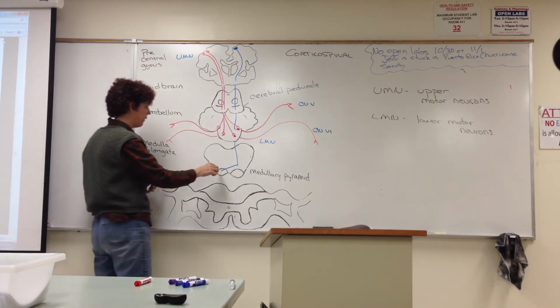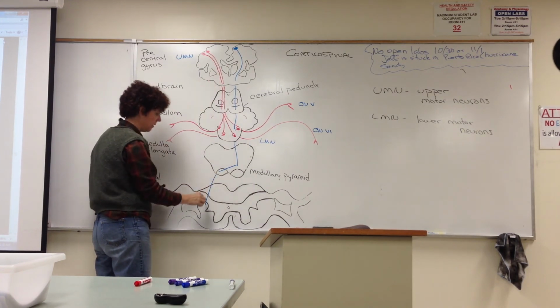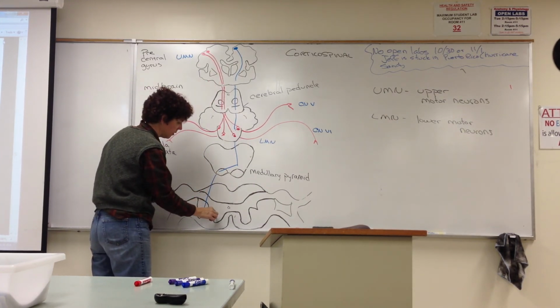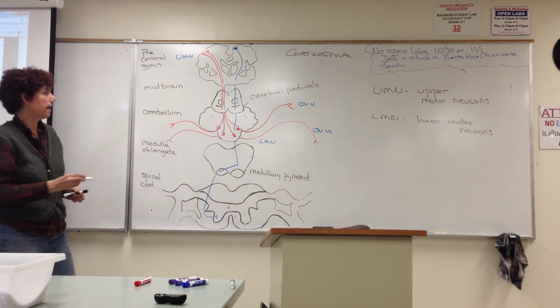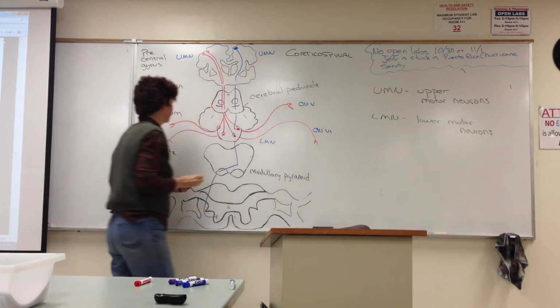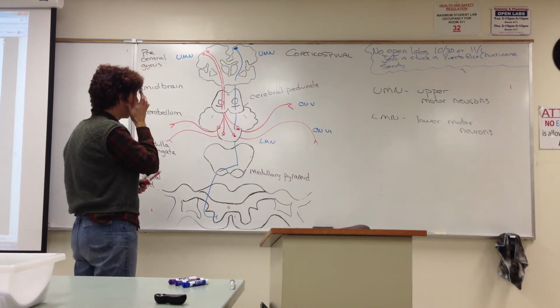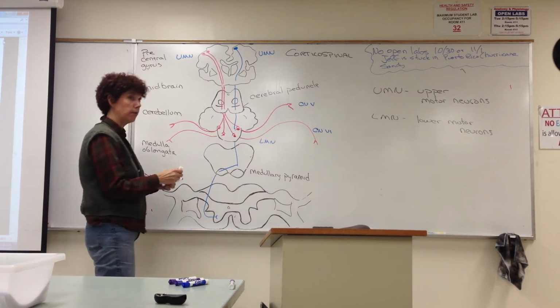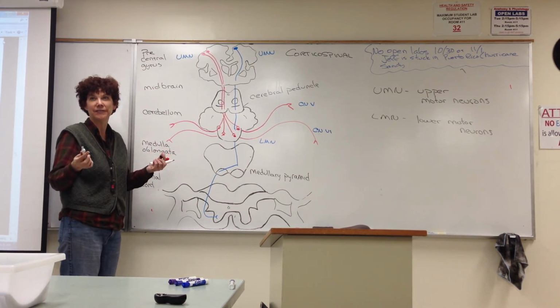And then it's going to travel down the opposite side of its origin and come into the anterior gray horn. So this is the upper motor neuron for the corticospinal pathway. And the lower motor neuron is what makes up the anterior gray horn.